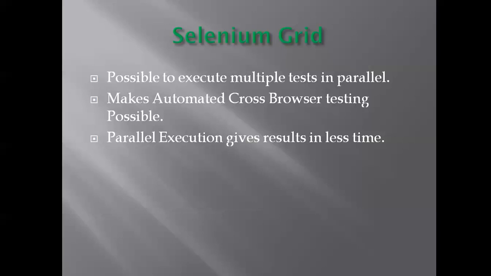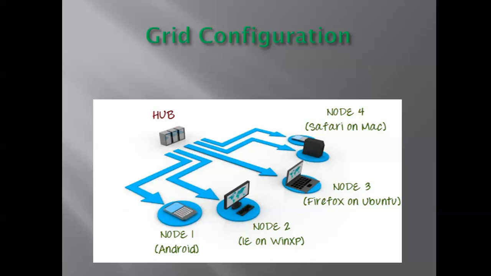Now let's have a look at the architecture of Selenium Grid. Okay, as you can see, guys, I have a hub and it has 4 nodes connected to it, right? Now the hub is basically a server that we start, right?